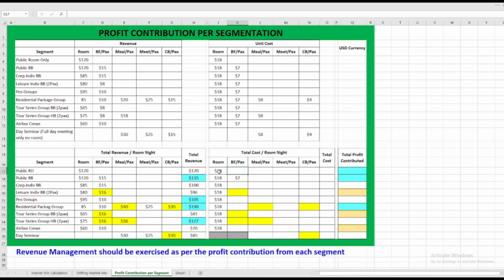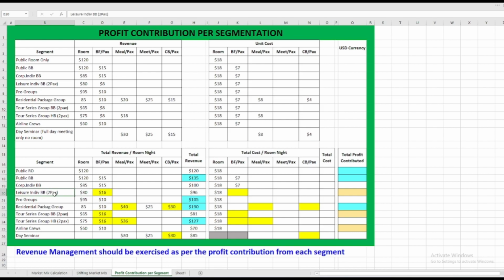Okay, let's go further. So room costs are all the same. Public room only, no breakfast cost. Public bed and breakfast, same $7. And corporate individual bed and breakfast, same breakfast cost allocation $7.